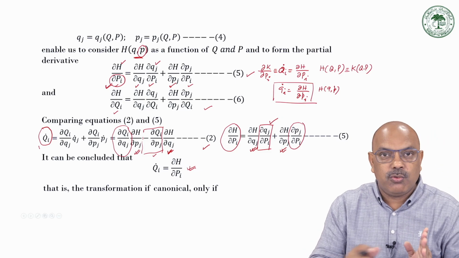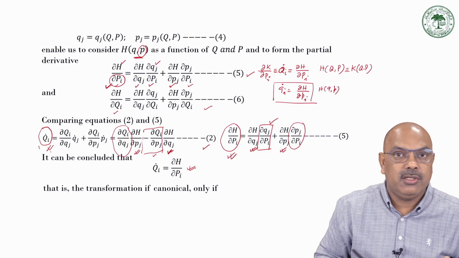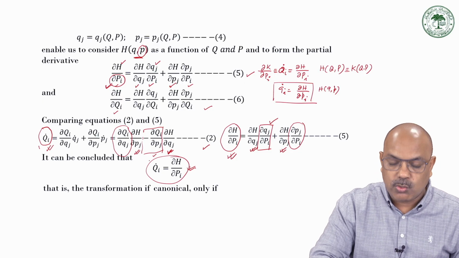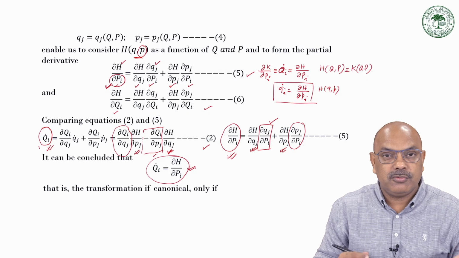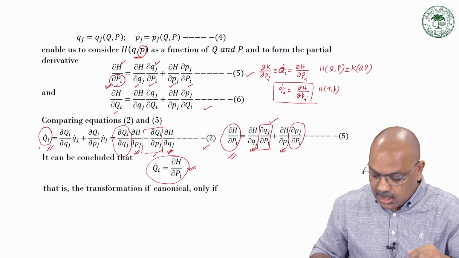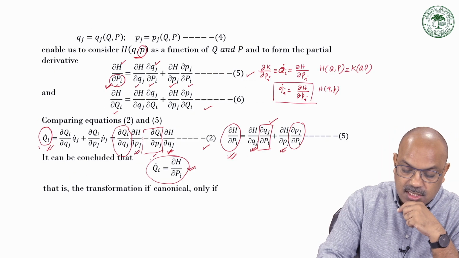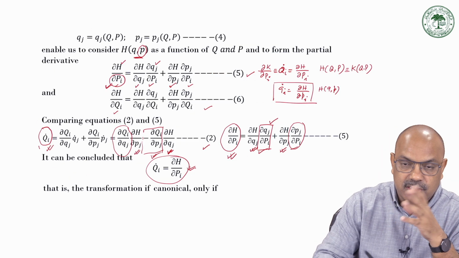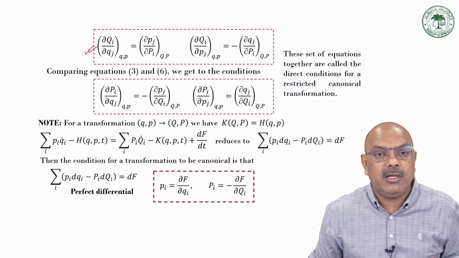If I equate these two coefficients, then my delta H upon delta pi is going to be my Q dot. This is what we want. If I demand this, keeping the condition that we are looking for the canonical transformation, then this gives me one condition: that these partial differentials must be equal in terms of the old coordinates. This is the condition we get.